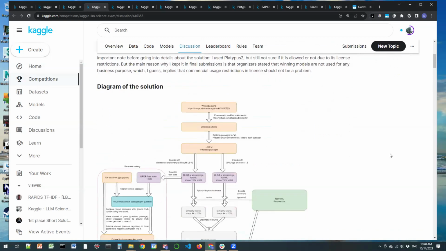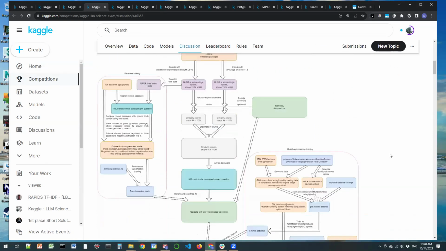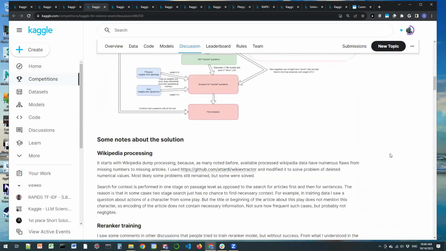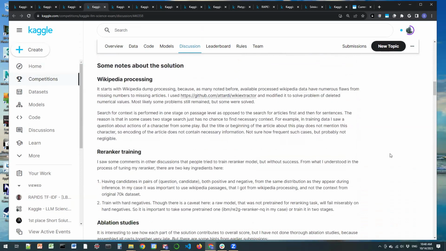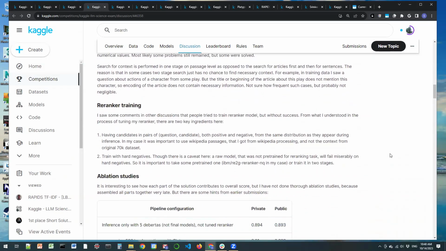I guess we'll know what the re-ranking model is in a few days. I have no idea. Anyone else know what a re-ranker model is? Yeah, I don't know what it is, seems like an IBM model.